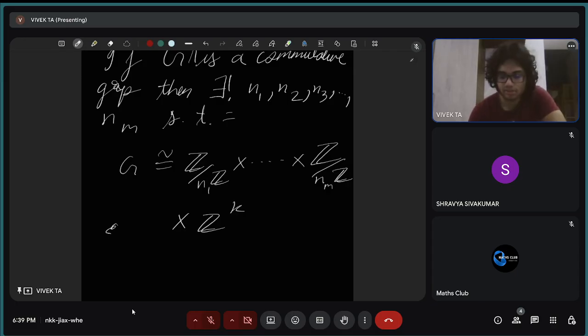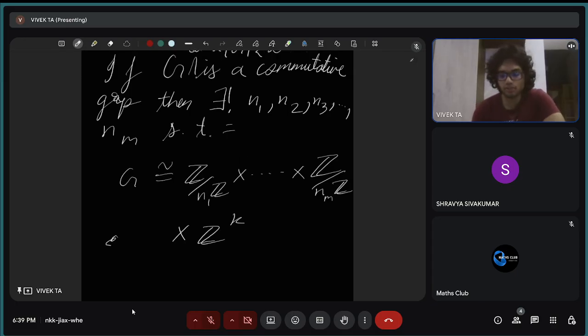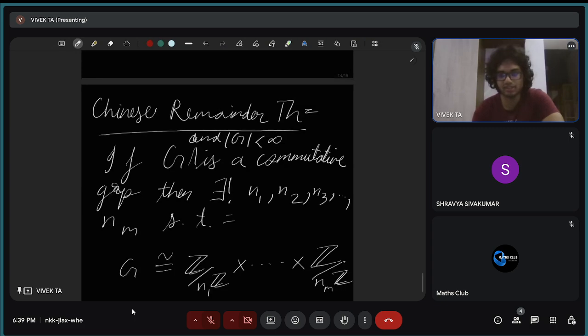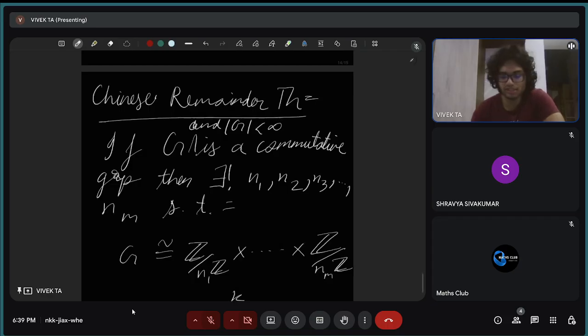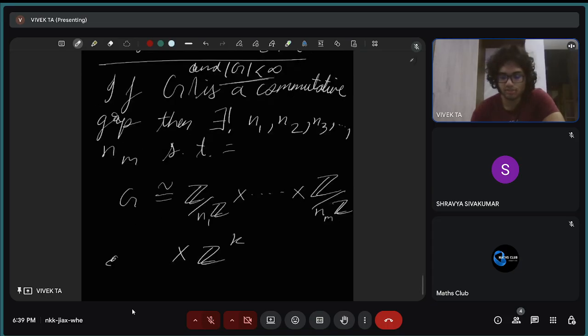That's it. This is the more general version of that. So if you had finite, this is the theorem. If you have infinite, if you remove this condition, this part joins in. That's it. And all of this is literally because of Sylow's theorem.